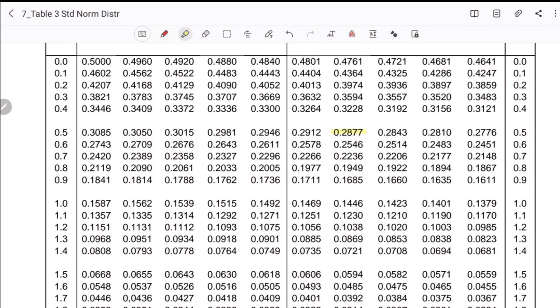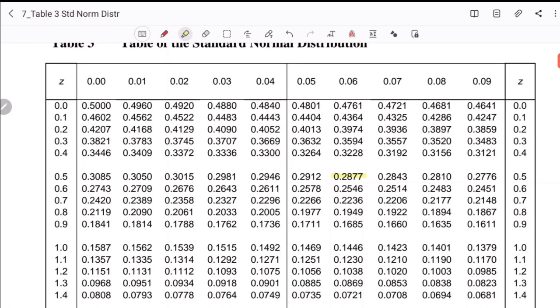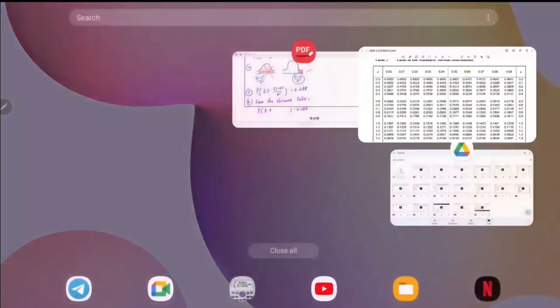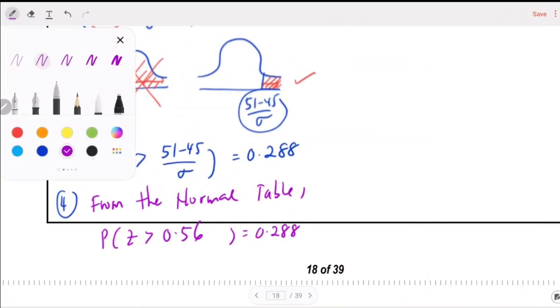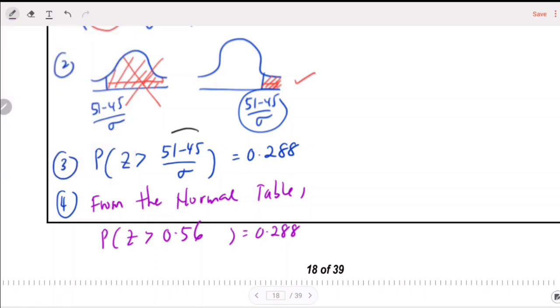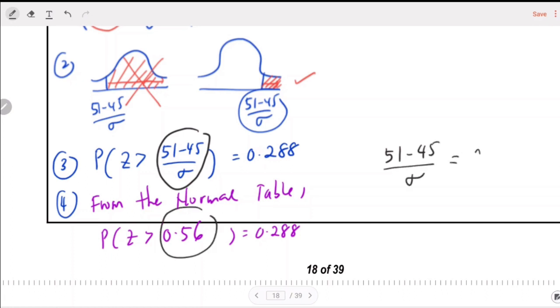Here, 0.2877. So this is the closest one to 0.288. So the value of Z is 0.56. Then lastly, compare: 51 minus 45 divided by sigma is equal to 0.56. Rearrange until we get the value of sigma, which is 10.71.